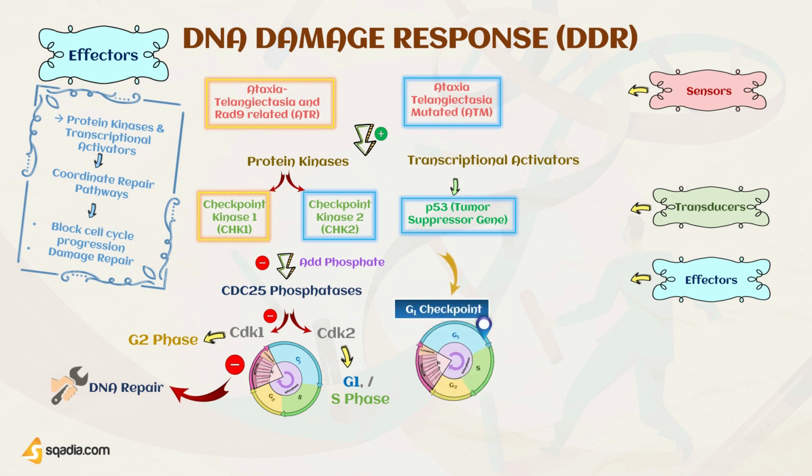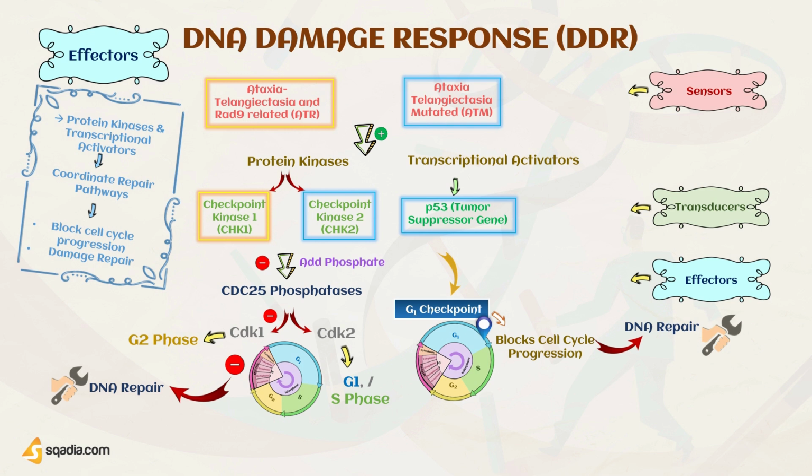p53 primarily acts at the G1 checkpoint. At this checkpoint, p53 blocks cell cycle progression, preventing the cell from moving into the S phase. This gives the cell time to repair the DNA damage before it replicates.